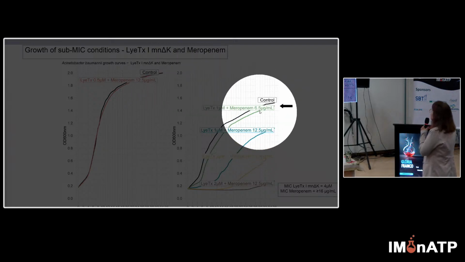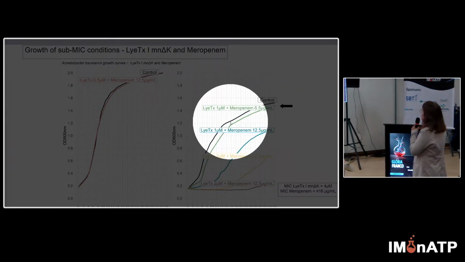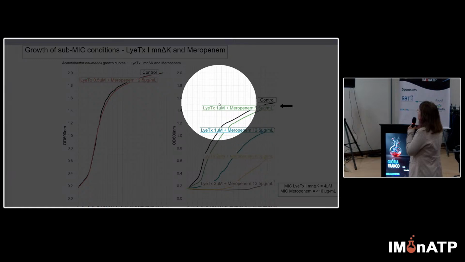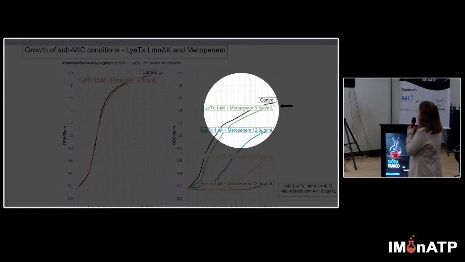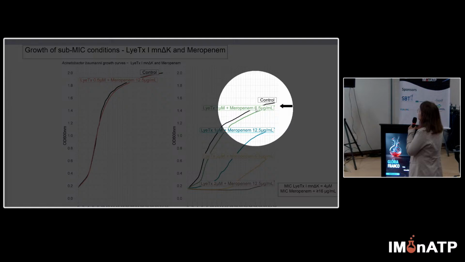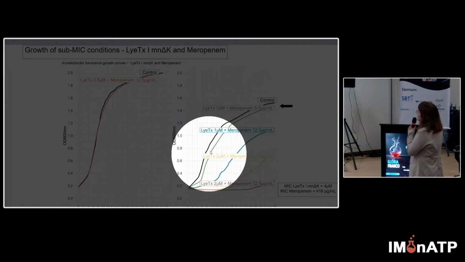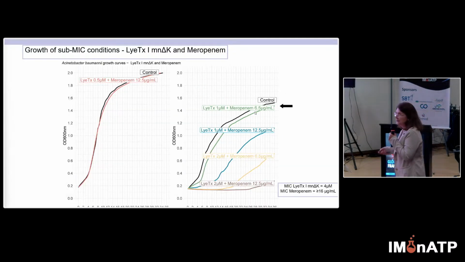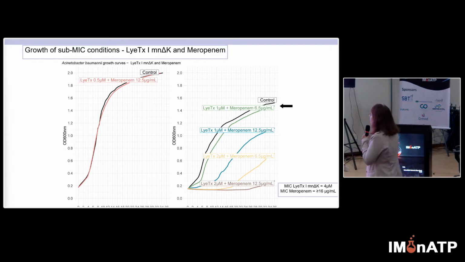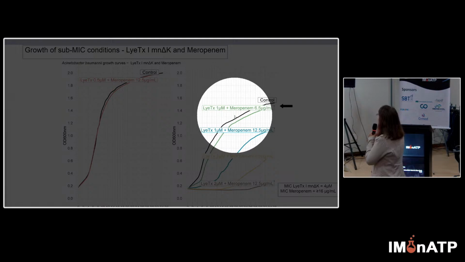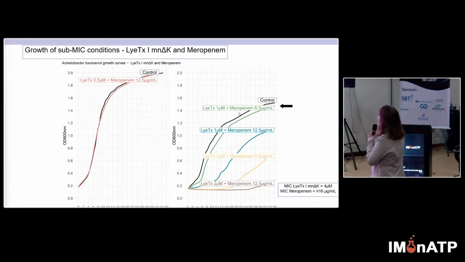And then we decided to work with LyeTx I, 1 micromolar, meropenem 6.5. That is similar to the control, but still has an action on the bacteria. And then the conditions were this condition for the synergistic, and for the peptide alone, 3 micromolar.